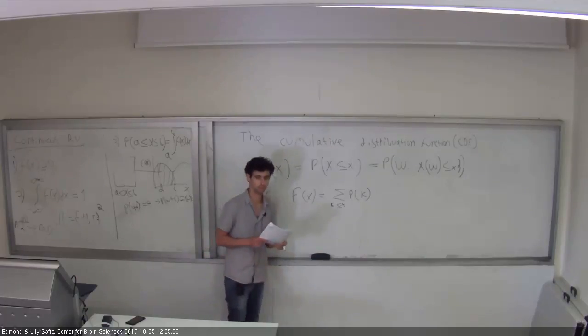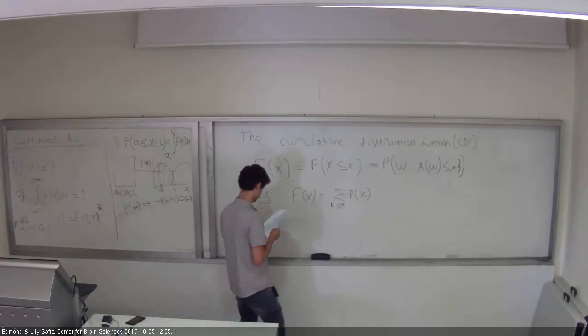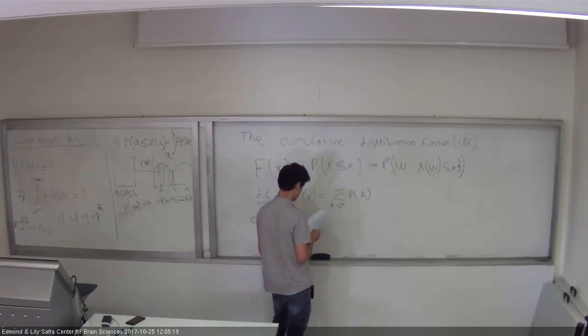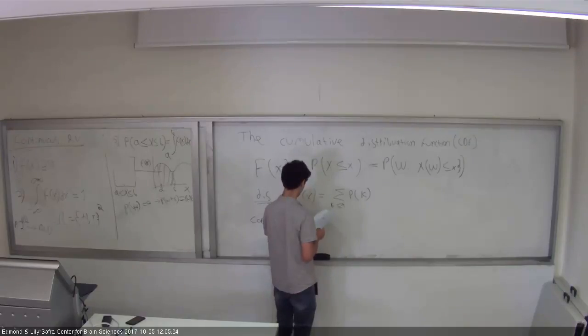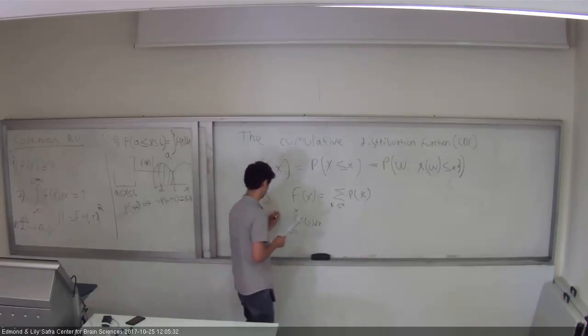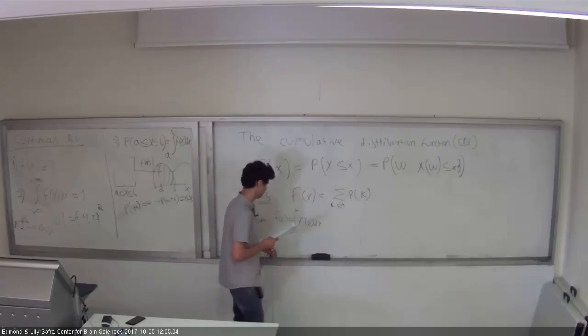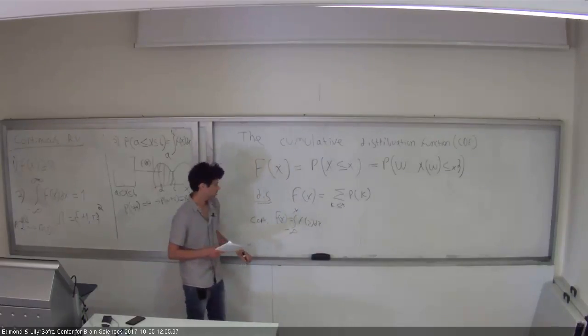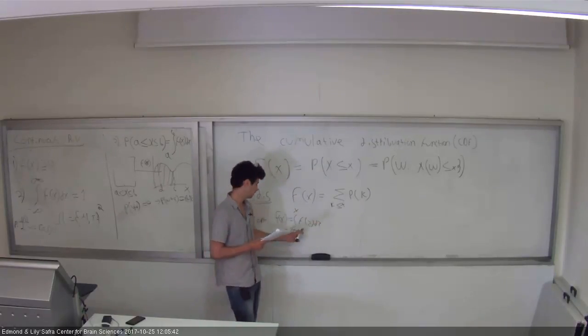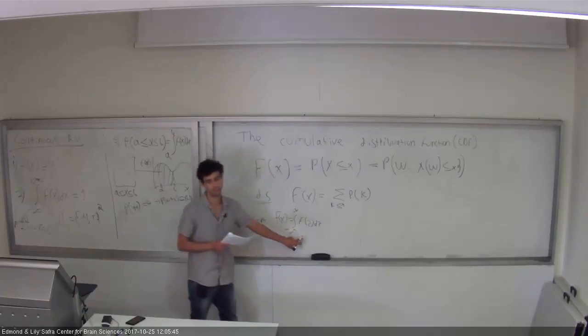And in the continuous case, F of x is just an integral from minus infinity to x of f of z dz. So in the discrete case, we have summation, and in the continuous case, we have an integral.